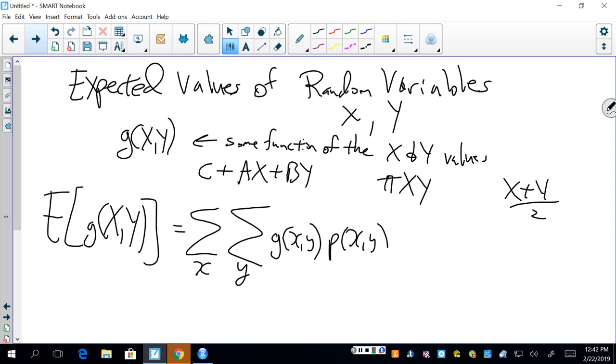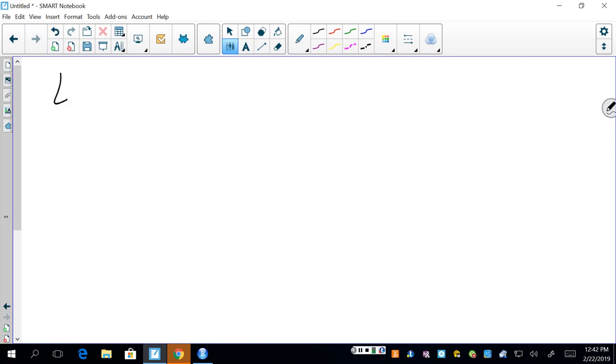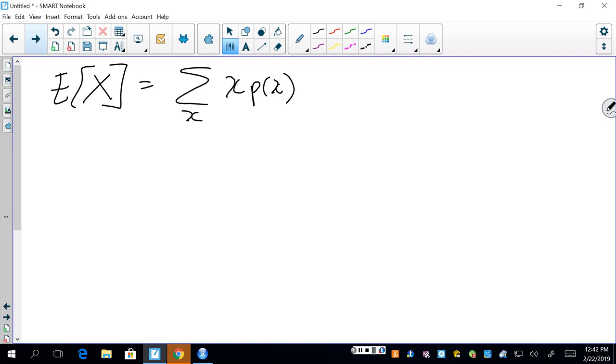So a couple of specific examples, right? Say we want just the average of the x variable. We're only interested in one variable. If we have the marginal distribution of x, we can do just what we've done before: add over all the values of x the value x times its probability. That works perfectly fine if you compute that marginal. If we have the joint distribution of two things, we can also represent this as a sum over all the x and y values.